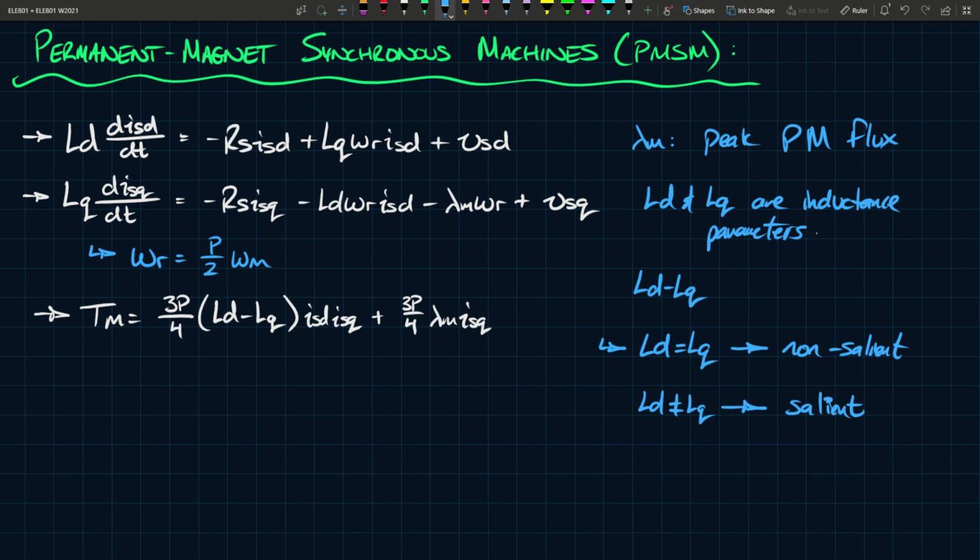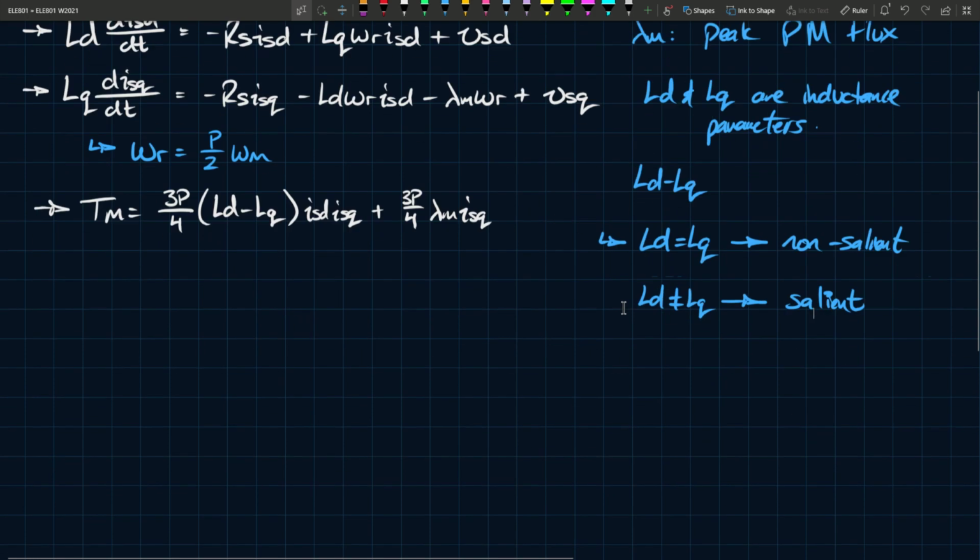Again, they're just names. If you ask what salient means, you can look at the textbook or dictionary definition, but these are essentially words to describe different types of machines. Now, what's important for us is that in most electric vehicles, the machine is non-salient. So LD does equal LQ.